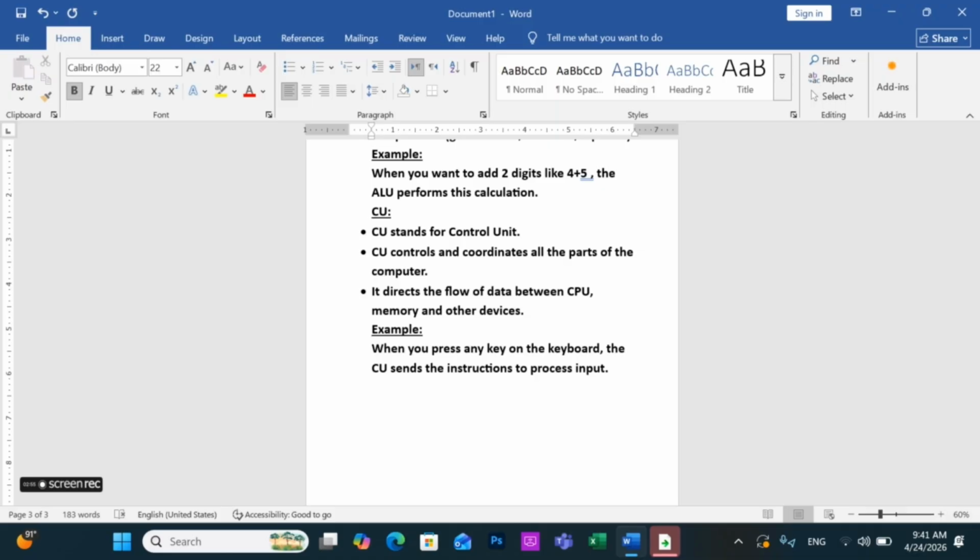Okay, the last part of your CPU is the memory unit, MU. We are going to discuss the last part of this CPU, that is MU. First you have to write the full form of MU. The full form of MU is memory unit.